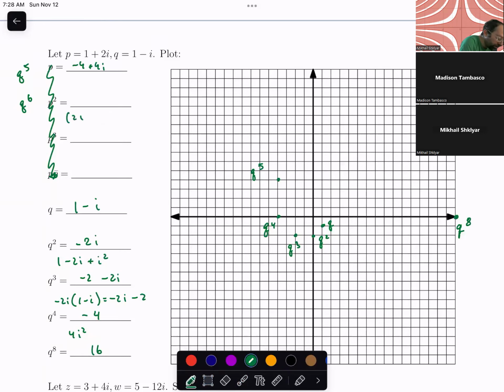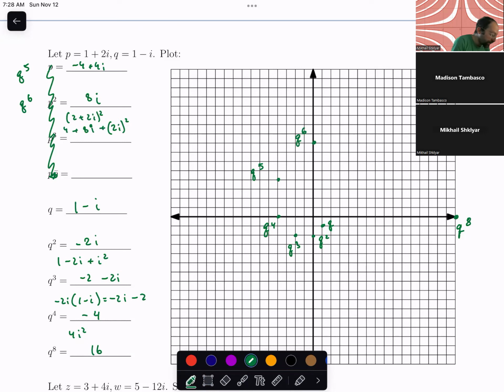So I'm just squaring 2 plus 2i: 4 plus 8i plus 4i squared. So it's 4 minus 4, since 4i squared is -4. So I just get 8i. Okay, good, that's where I expect it to be. It's q to the sixth.